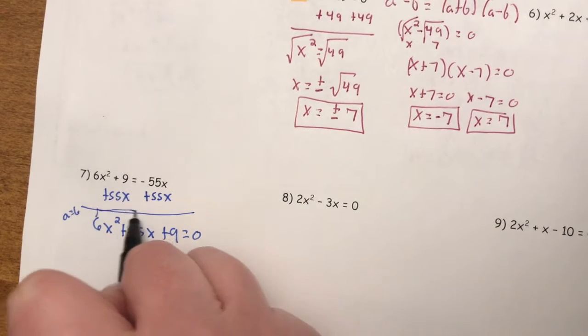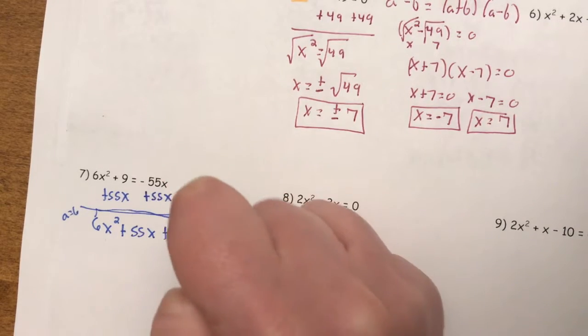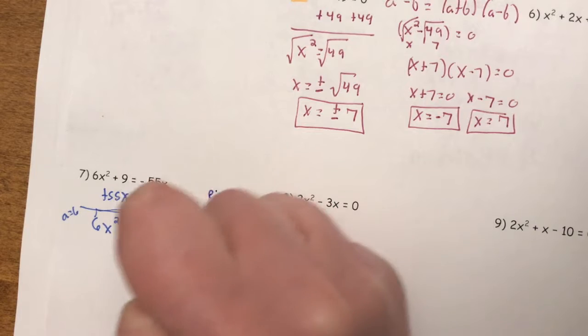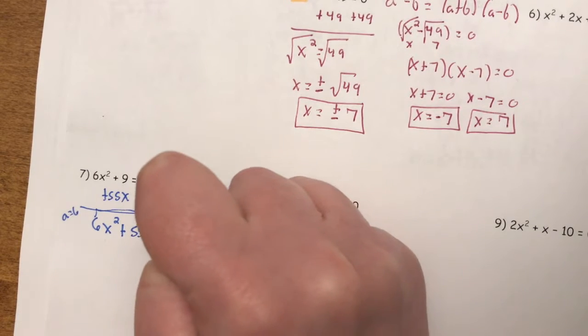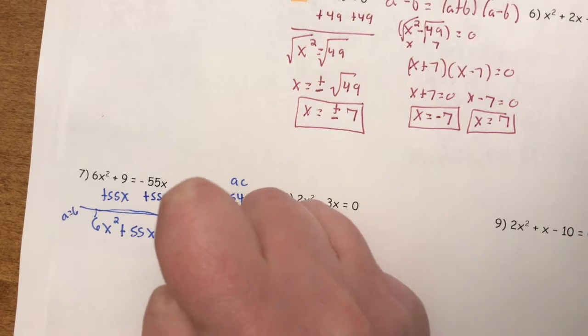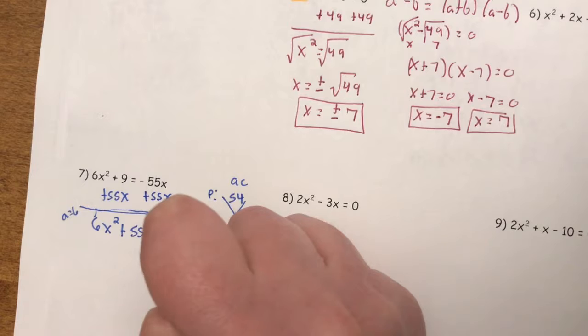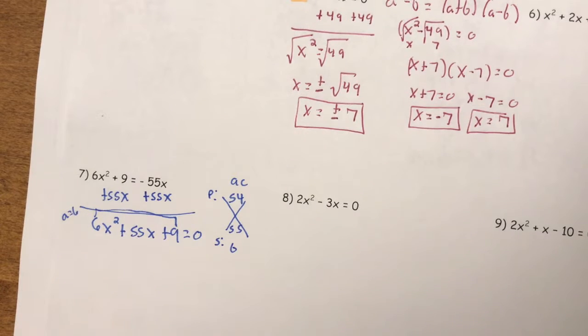So once again, we're going to start out by taking the product of a times c. And the product of a times c, when we go ahead and multiply that out, should be 54. Then we're going to find the factors of 54 whose sum is equal to our b term, which is 55. Now this one is quite simple.